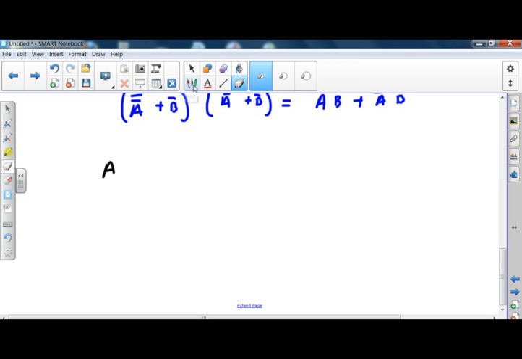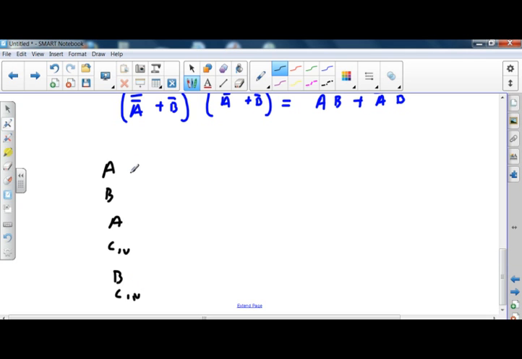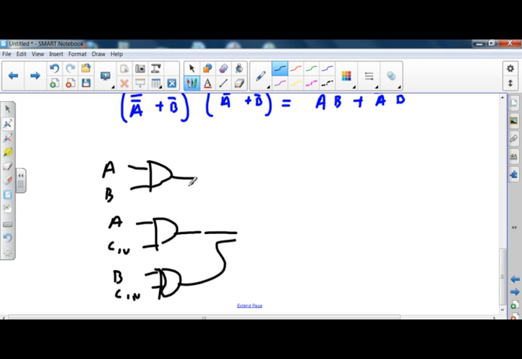There's only an A, a B, a C in, A B, A C in, B C in. And if I AND those, and I AND those, and I AND those, and then I send them all through an OR.